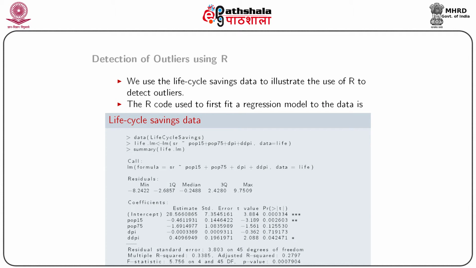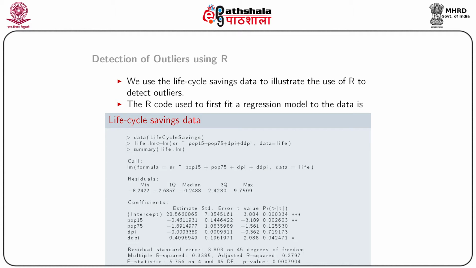Now, after we have discussed these different measures of detecting outliers, let me illustrate these methods using the life cycle savings data. We will use this dataset to illustrate the use of R to detect outliers.